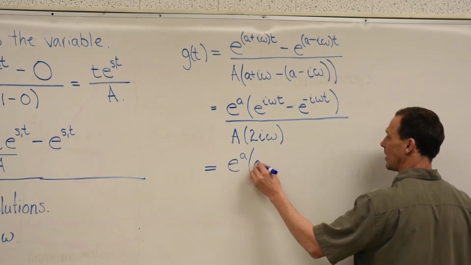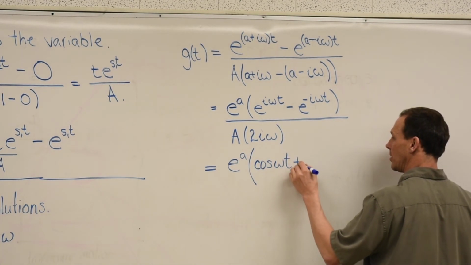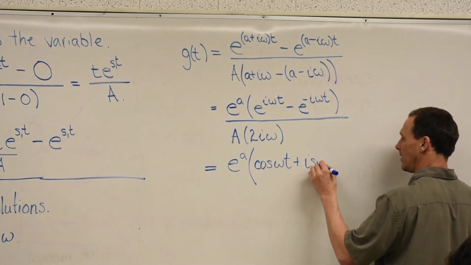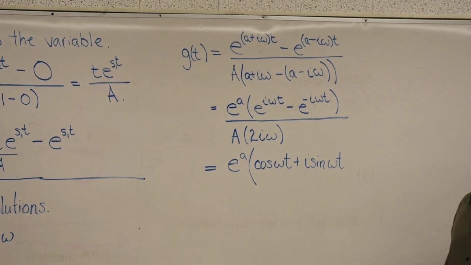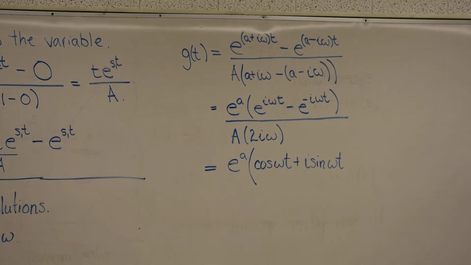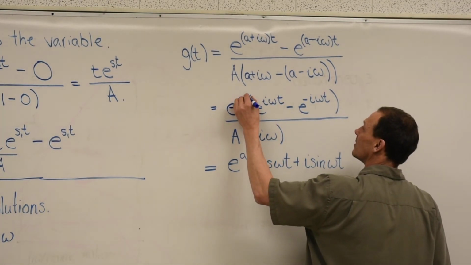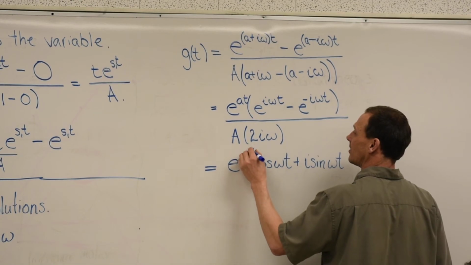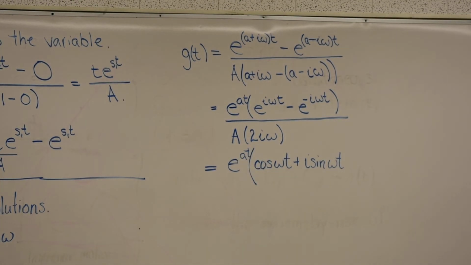This is cosine omega t plus i sine. Question? Am I making a magic step here? Oh, I did. You're right. Thank you, Vincent. Sarah, nice work. Now you've got to keep me honest.